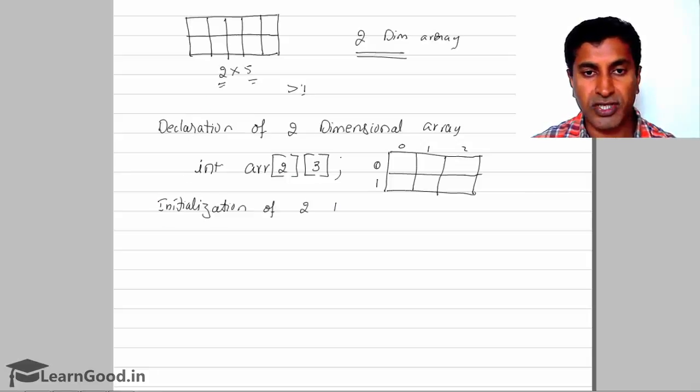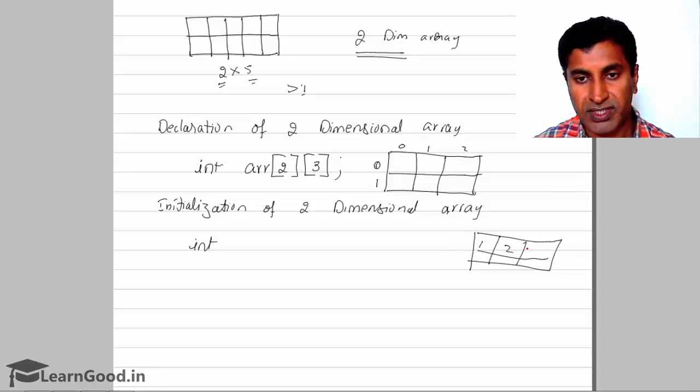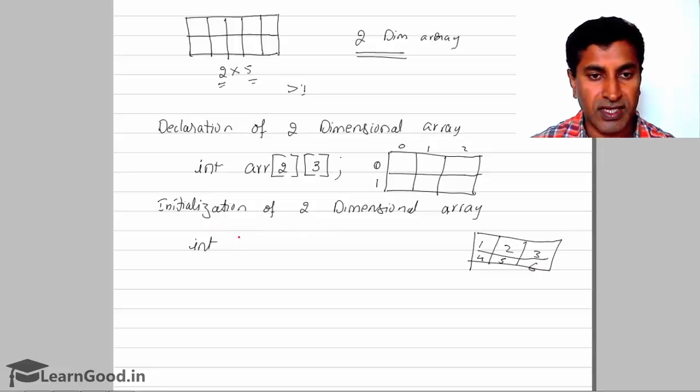You can also go for initialization of a 2-dimensional array. Now you can create a matrix of order 2 cross 3 with the following data. I want to have the data as 1, 2, 3 in the first row, 4, 5, 6 in the second row. In that case you can create an array like this.